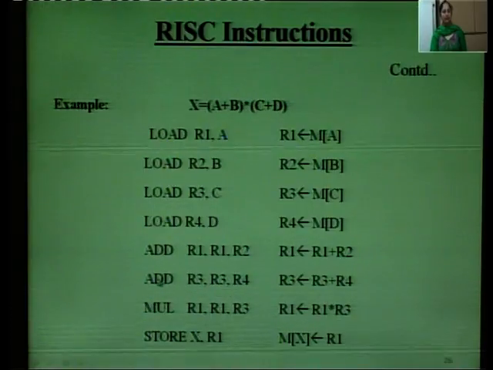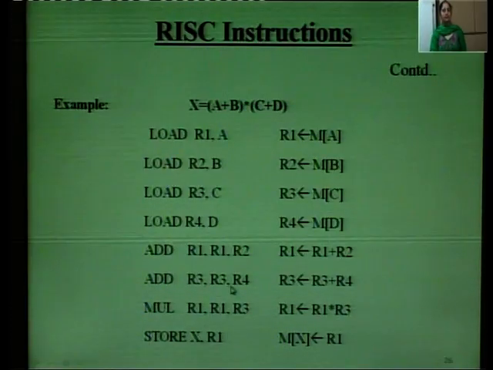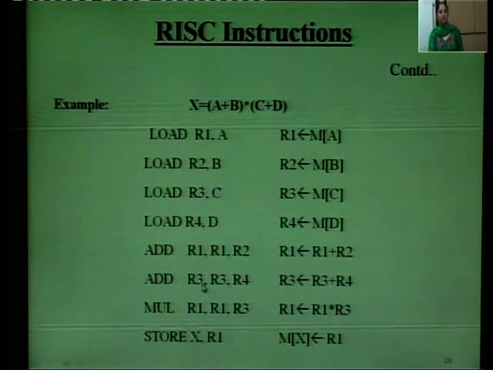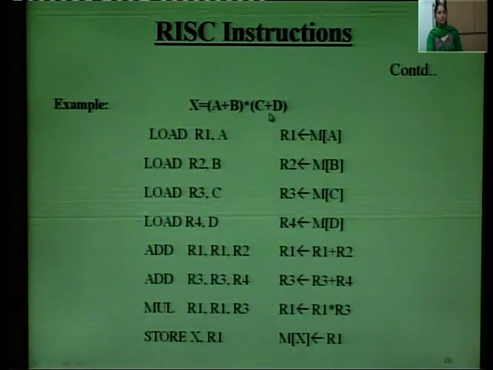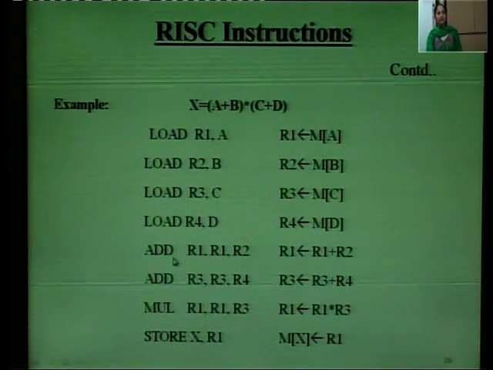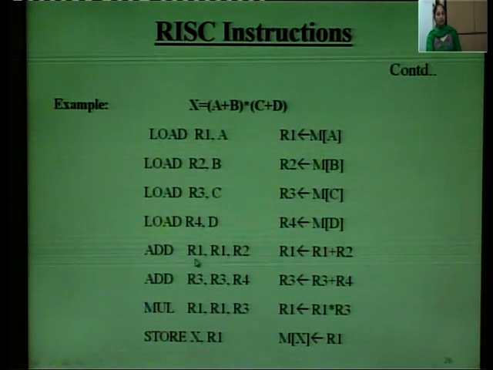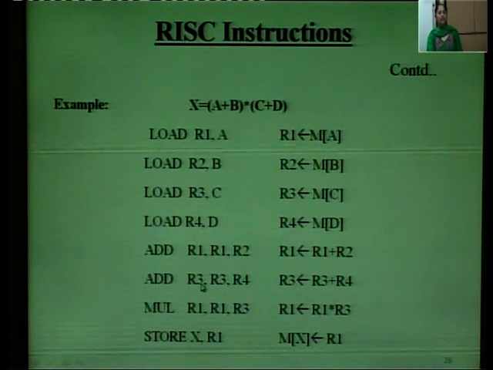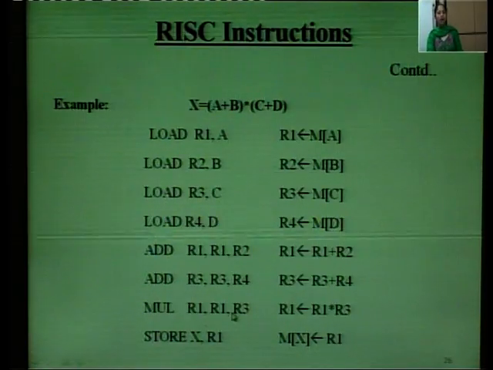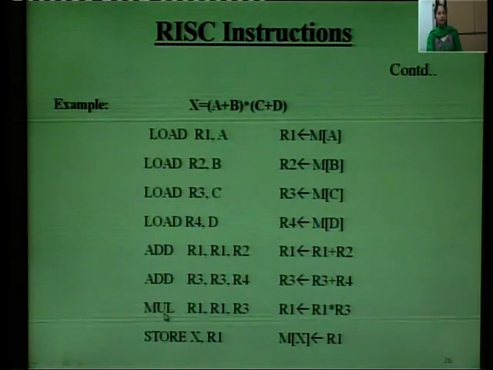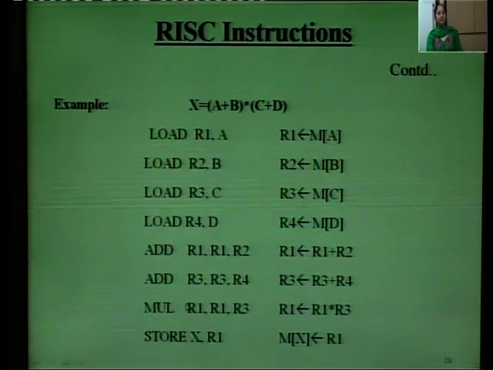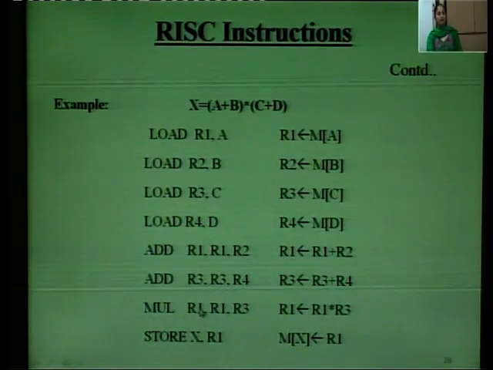After processing the addition instruction, the result is stored in R3, and the next operation is A plus B multiplied by C plus D. Here we have the result of R1, R2, that is A and B, in R1, and C and D in R3. Then multiply R1 and R3, and after the multiplication the result is stored in R1.